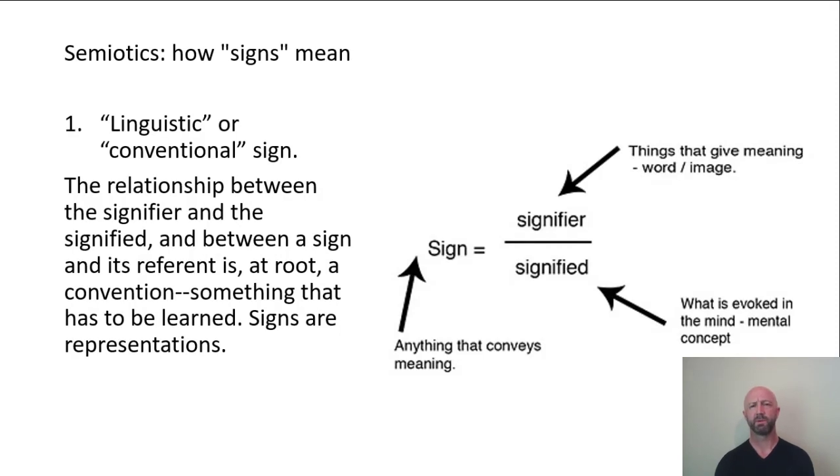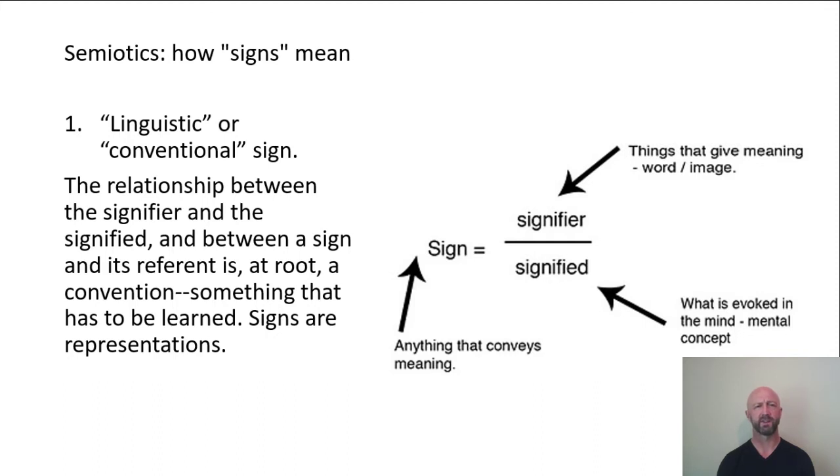Now, many people have never been introduced to semiotic theory, or semiotics, or semiology as it's sometimes called. Semiotic theory is a series of theorizations that started early on with a couple of early 20th century thinkers.